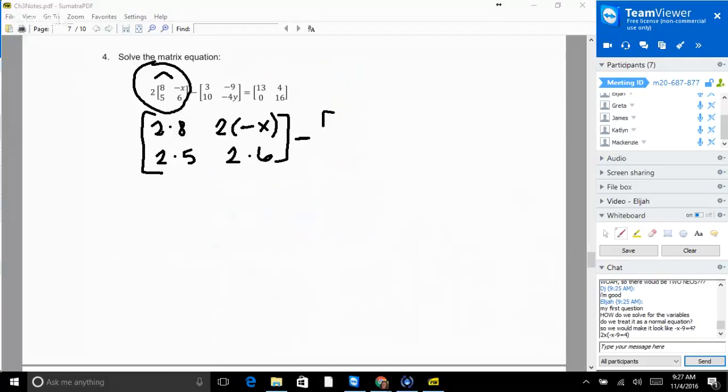Nothing is happening with my second matrix. So I've got 3, negative 9, 10, and negative 4y. And then the rest stays the same. We'll carry that down.